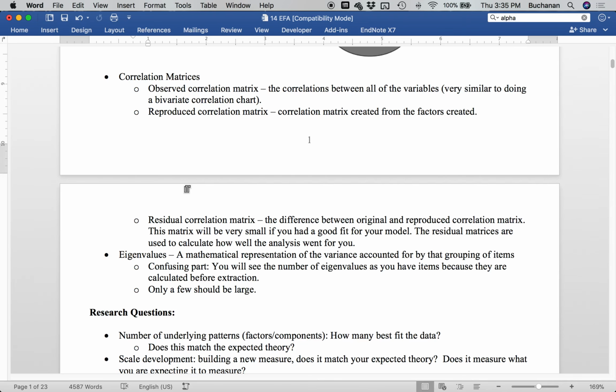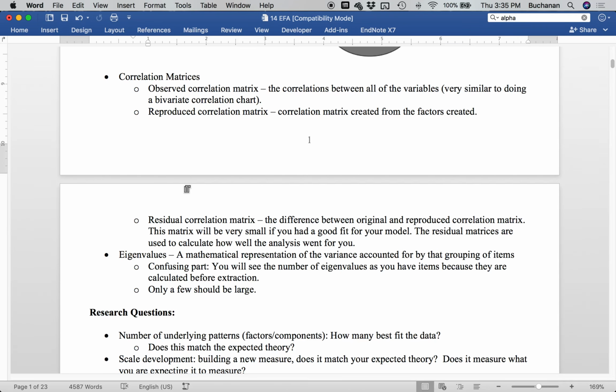Remember, I said the purpose of this design is to group items together that appear to be measuring the same thing. And so we're going to reproduce that correlation matrix from our predictive model. And if we subtract those two things from each other, we get the residual matrix. The residual matrix is how far off our model is from matching the real data.